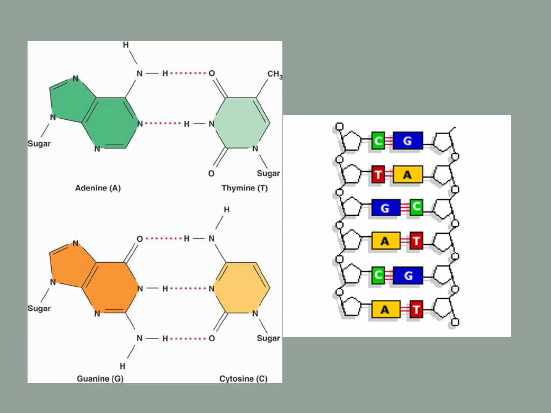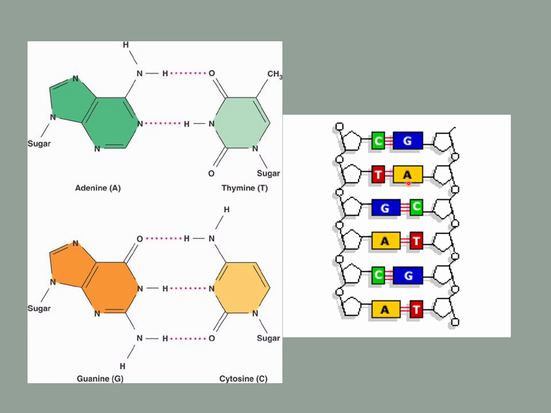This is just another diagram to give you the idea for the structure. Again, you have your phosphate, sugar, phosphate, sugar. You've got your nitrogen bases. Notice with cytosine and guanine, there are 3 hydrogen bonds.